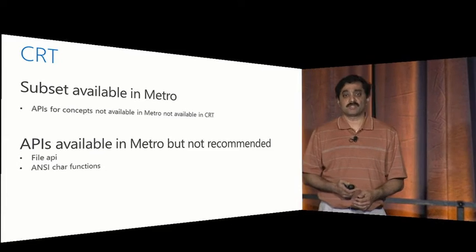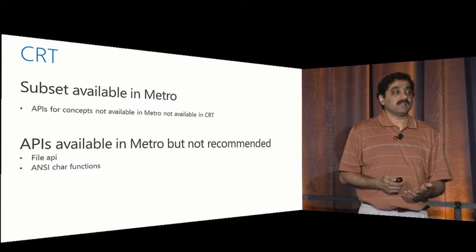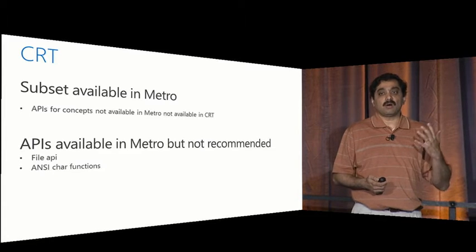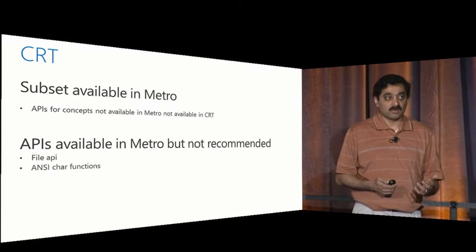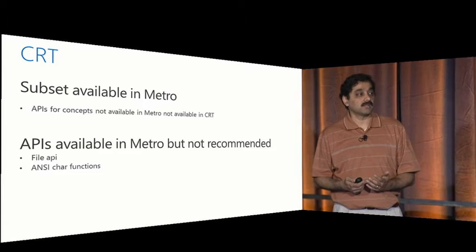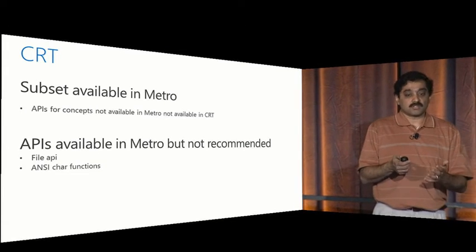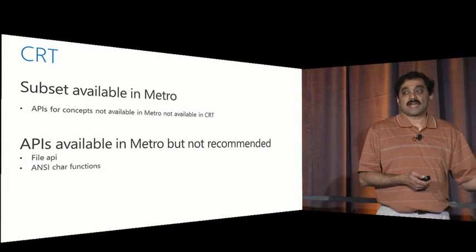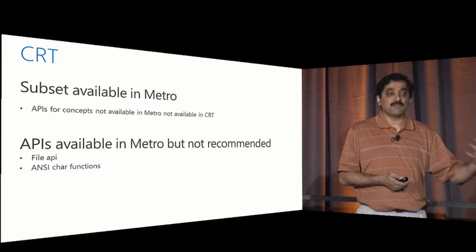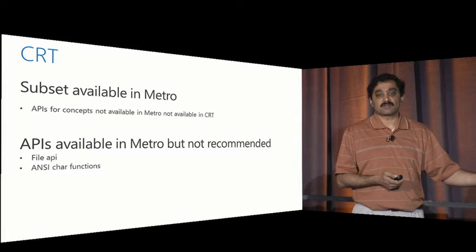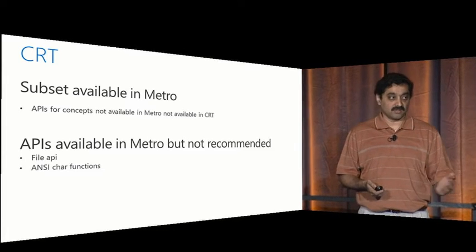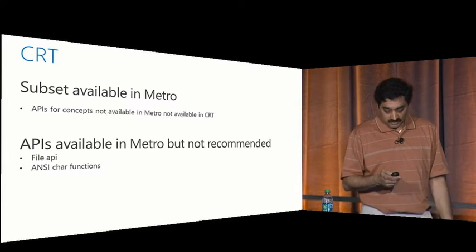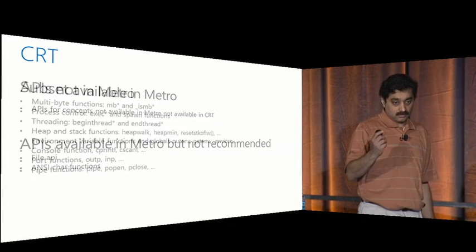Don't continue to use these. ANSI character functions are still there, but typically all of the APIs in Metro are wide character APIs. There could be reasons that you may want to use them, but we don't recommend that you write your app around ANSI strings and then convert between ANSI and Unicode every time you make an API call.